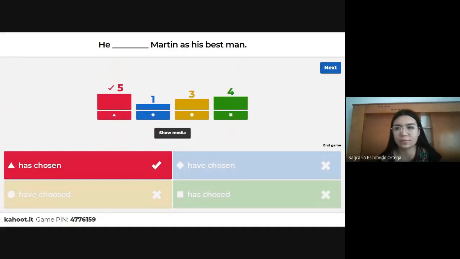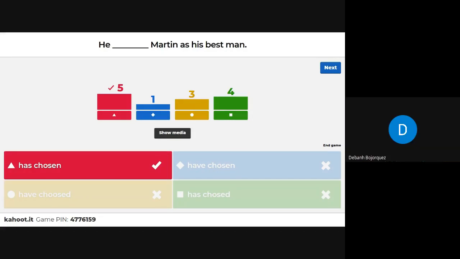Has chosen. Siempre Exactly. es el rojo.